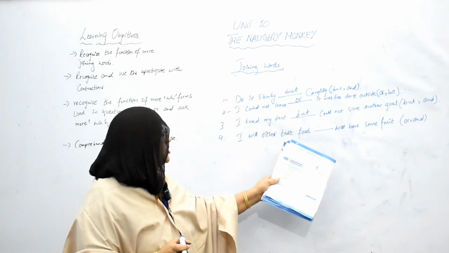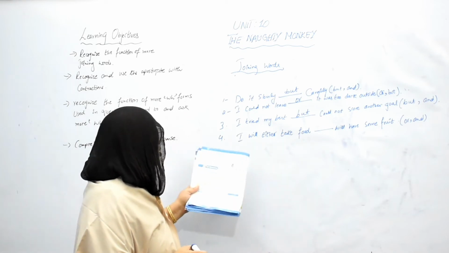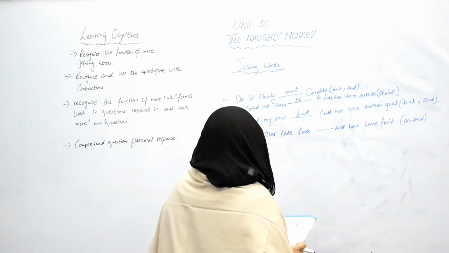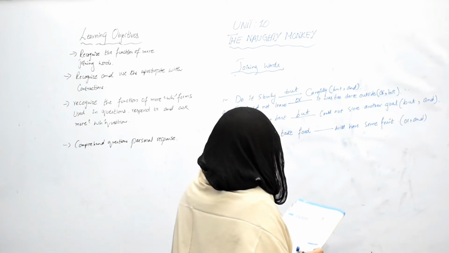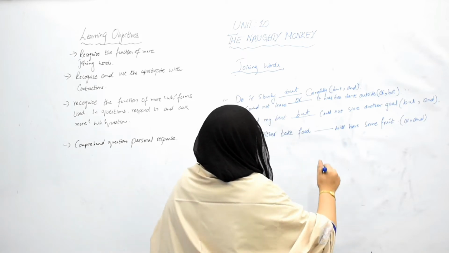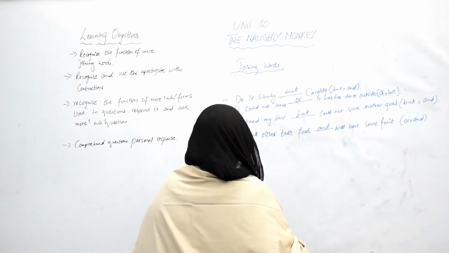I will either take food, dash, will have some fruit. Which one is the best option? Either, or and. I will either take food or will have some fruit.